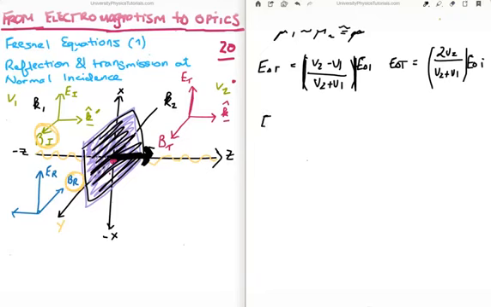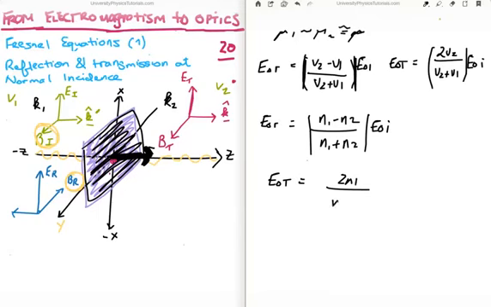Alright? And finally, if we want to put this in terms of the indices of refraction, we can. It's not a big deal. So writing the indices of refraction, we get E0R is equal to N1 minus N2 over N1 plus N2 times E0I, and we also get E0T is equal to twice N1 over N1 plus N2 times E0I.